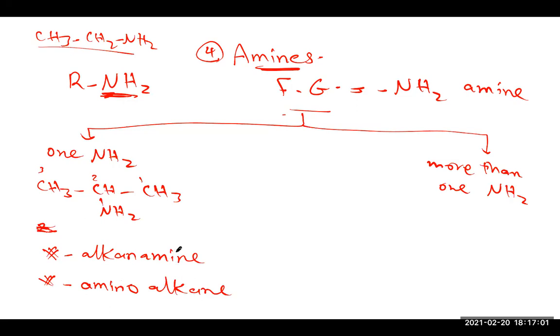And actually he can ask by any one of them. So to name this one, it will be 2. We have 3 carbons, so it will be propane amine, and we need to drop the E, of course. And here it can be called 2-amino propane. And you are both right.